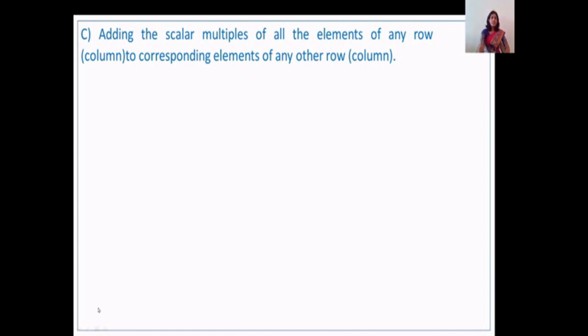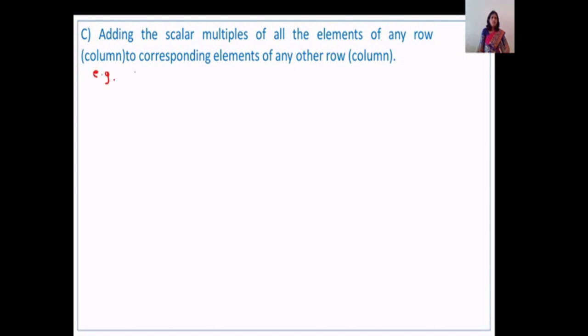Now let's start with another example of adding a scalar multiple to all the elements of any row or column.